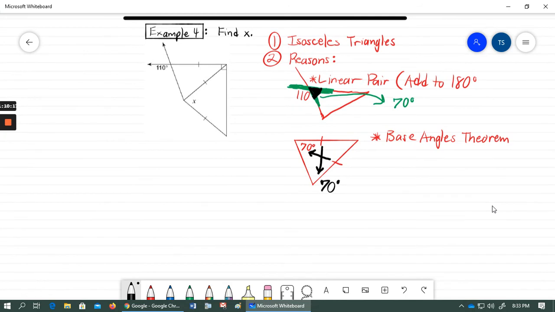Now that we know that angle is 70 degrees, we can use that. Again, we used the base angles theorem to find that. Now we can use these two angles to help us find the third angle of this triangle using the triangle angle sum theorem: all three of the interior angles have to add to 180 degrees.